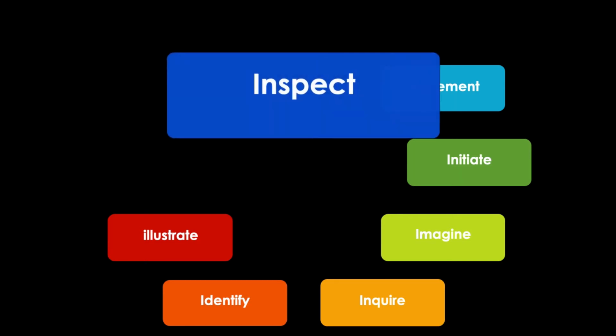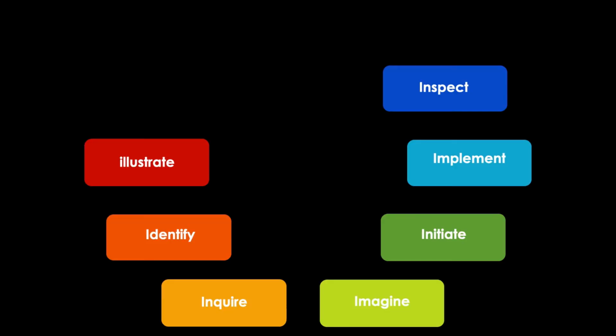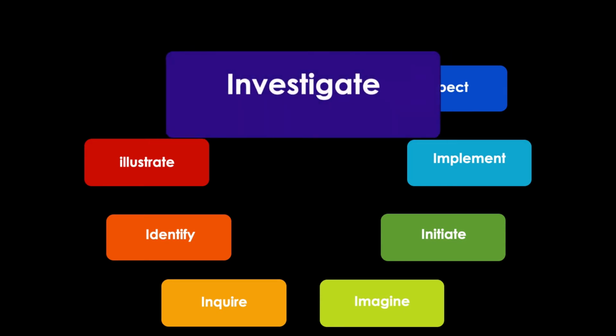The seventh step in the process is inspect. At this step, students' work is assessed, and the assessment could be summative, formative, formal, informal, written, verbal, or recorded. Next is investigate.